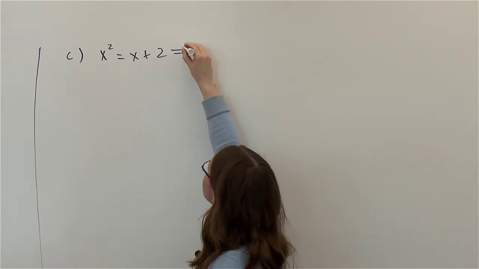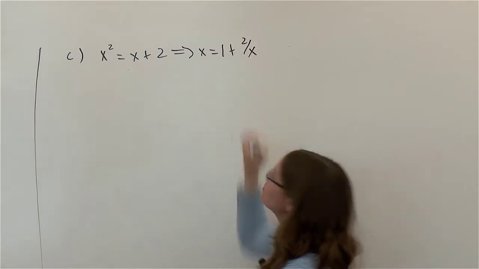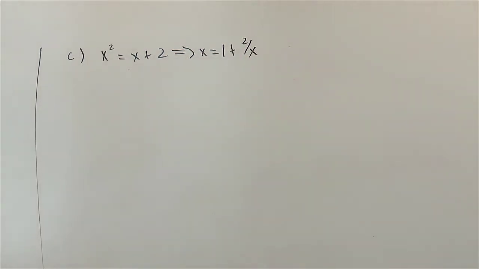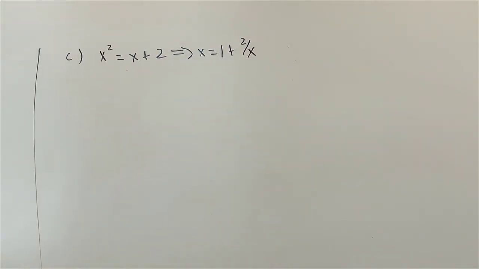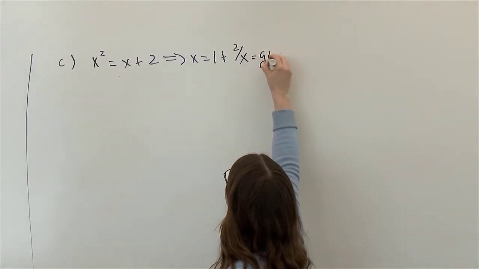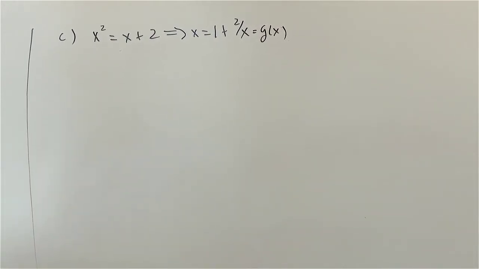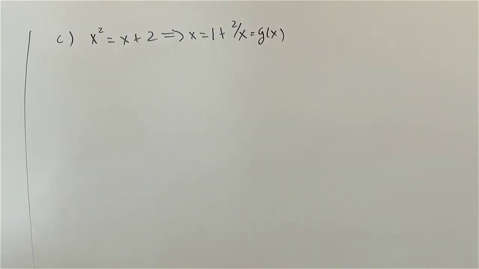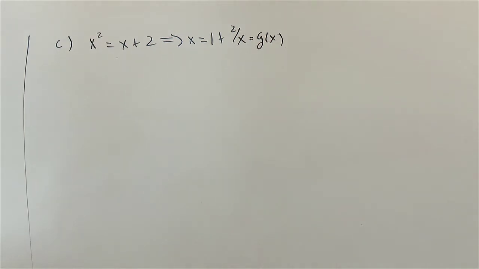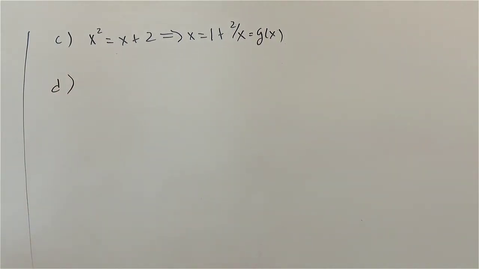So I could say, well, if this is true, then x equals 1 plus 2 over x. And now this becomes my g.